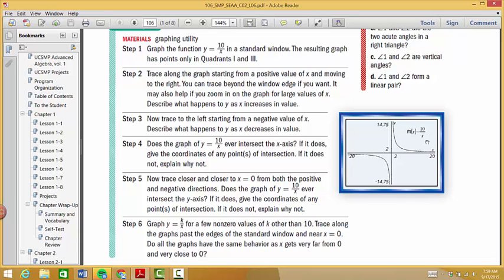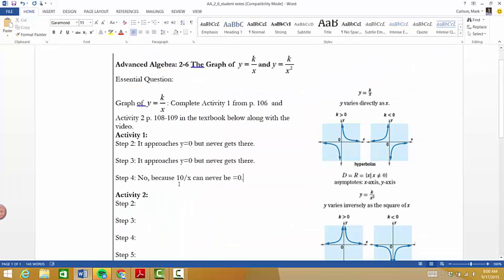There's no number I can put in for x that would make this whole function equal to 0, because the top number is 10. No matter what number I put in and divide 10 by, I'm always going to have some number. So I'll write: no, because 10 divided by x can never be 0. Therefore, when I graph it, it's never going to intersect the x-axis.